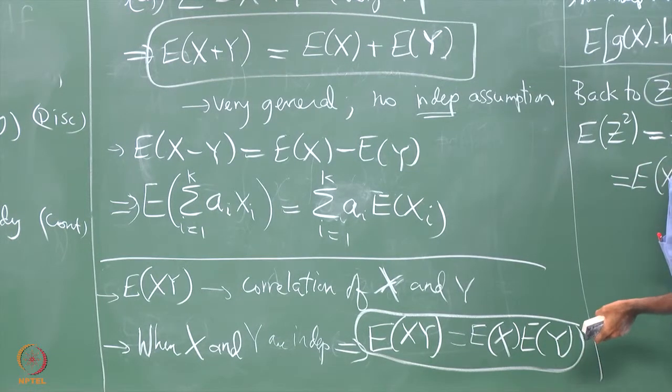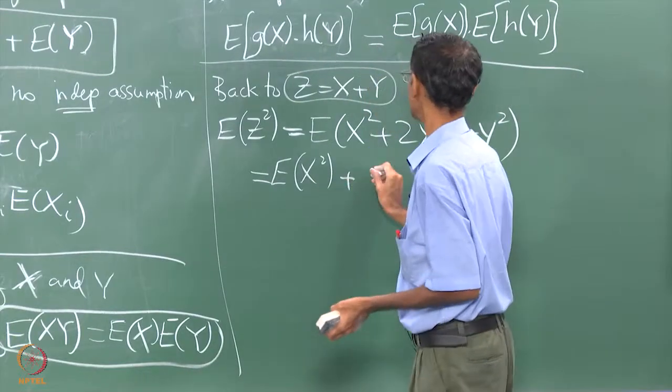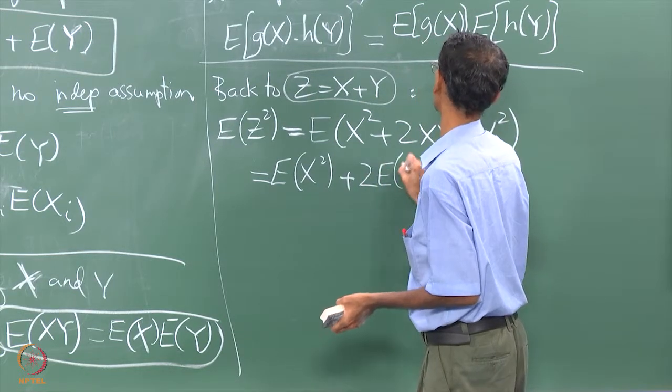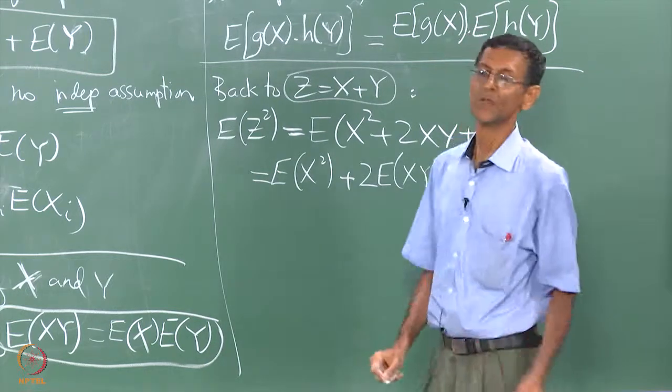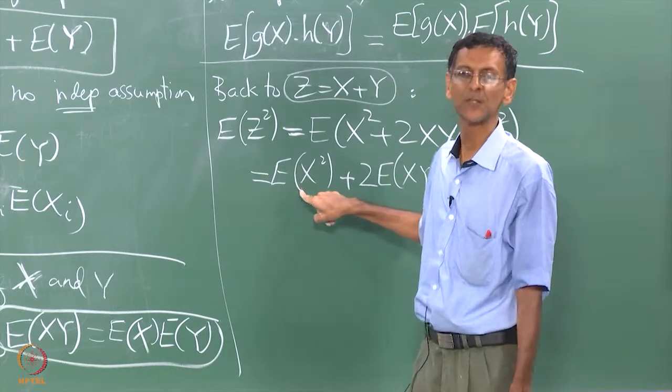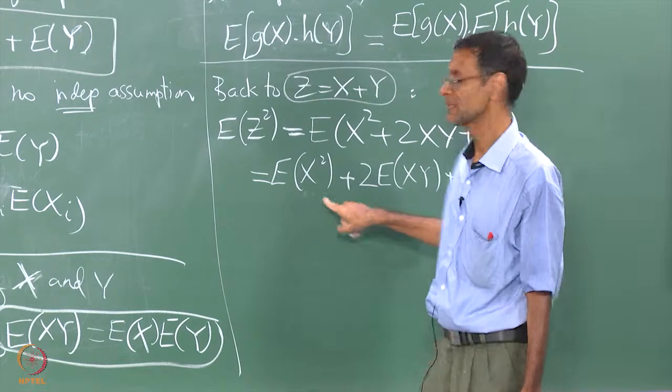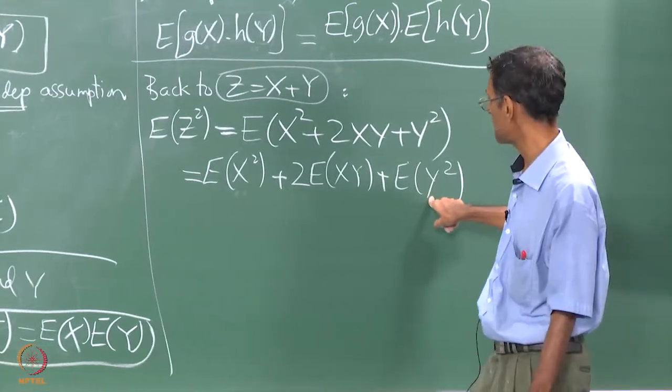Now you see how it simplifies, right? So this first term depends only on the marginal PDF of x. The third term depends only on the marginal PDF of y.